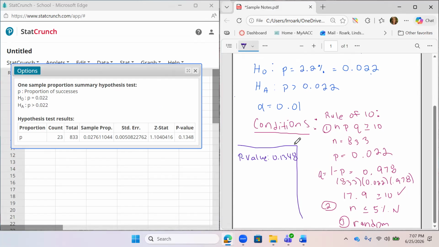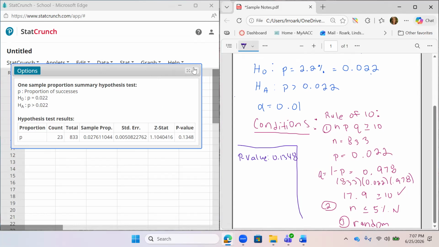So the whole idea again is that the p-value is assuming 2.2% is correct. That's how many people you would expect to have flu-like symptoms who take this medicine. Assuming that's true, if we took our sample data and got the samples that we got, which technically had 2.8% as the rate of people who experience these symptoms, is that weird?